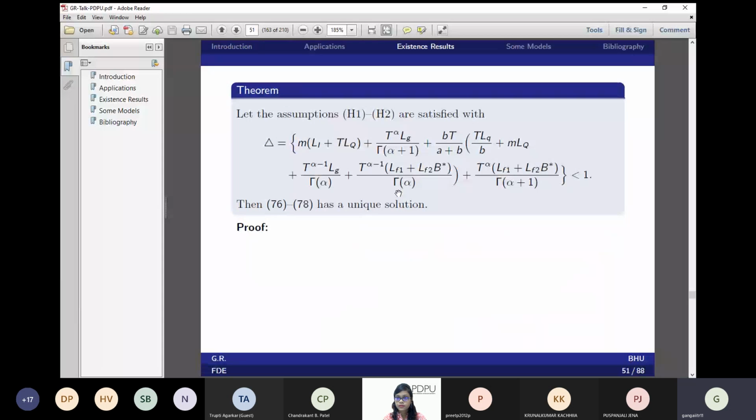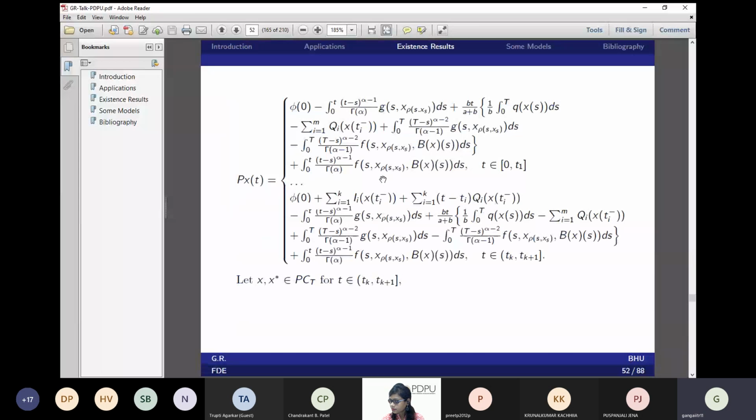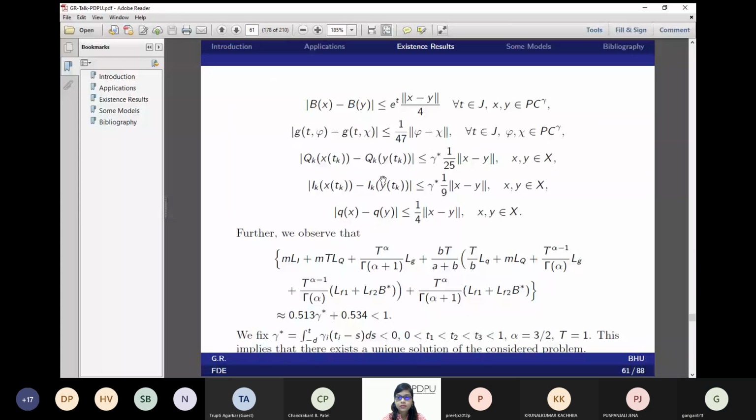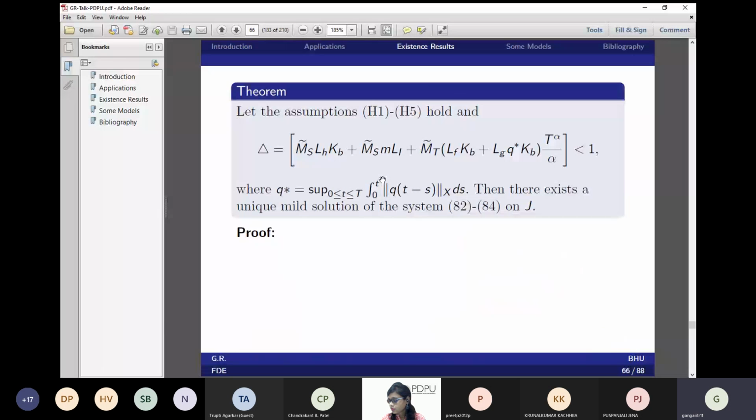We can use the fractional Banach fixed point theorem or another fixed point theorem to check the existence of the solution of the problem. I will not go into the detail of this; I skip all these.